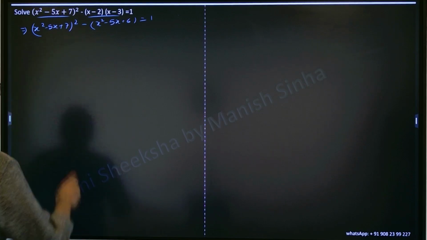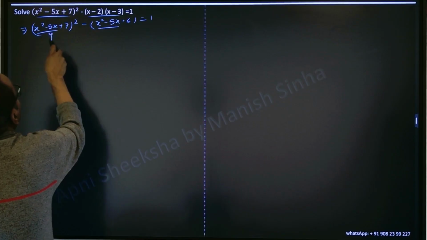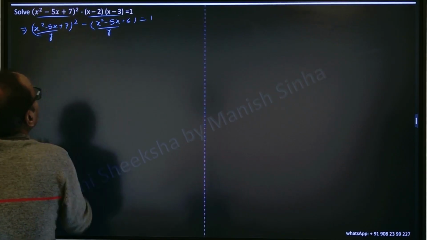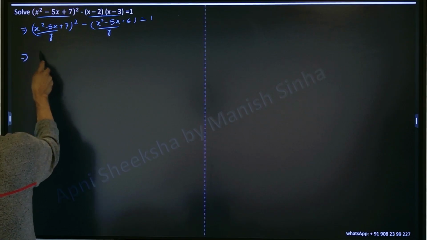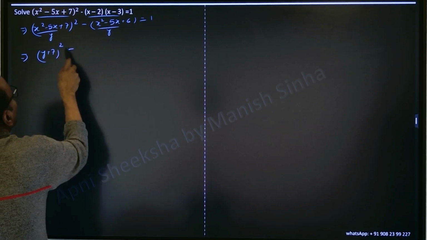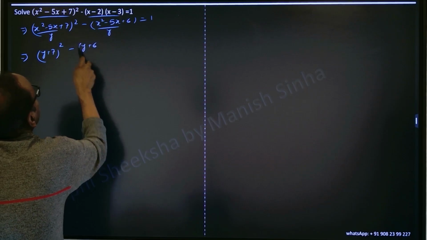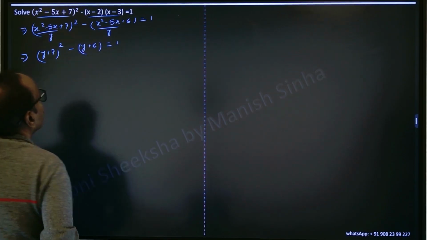To make it simpler, you will assume this as y. So this is y, this is y. So y plus 7 whole square minus y plus 6 is equal to 1.